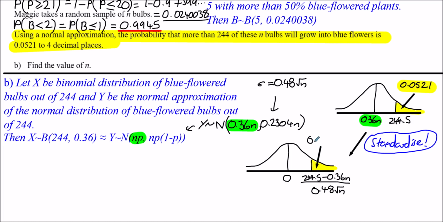So now we can set up the problem and solve. Just recall what we're told. If this bit here is 0.0521, then this region here on the other side of the curve is going to be 1 subtract 0.0521. And of course we need to remember now we're talking about the standard normal distribution.